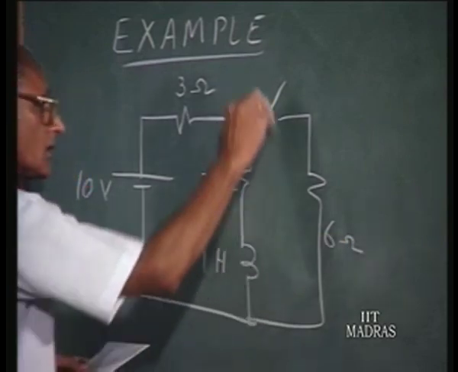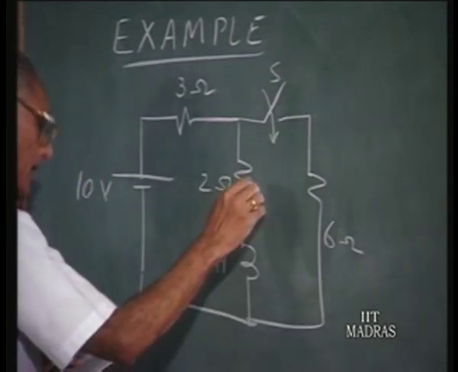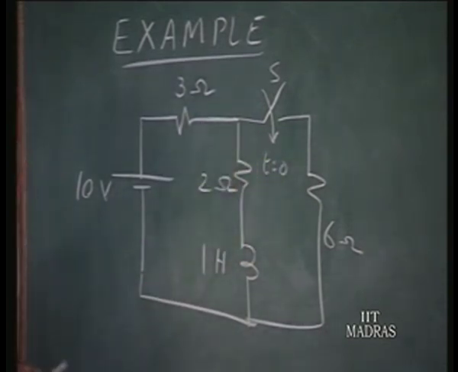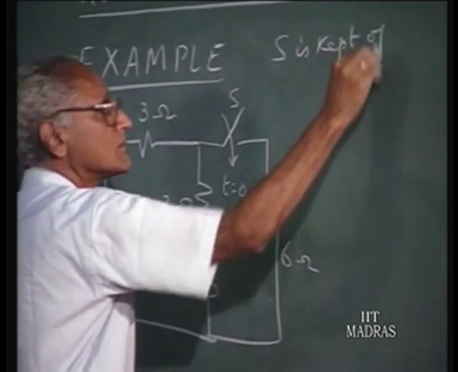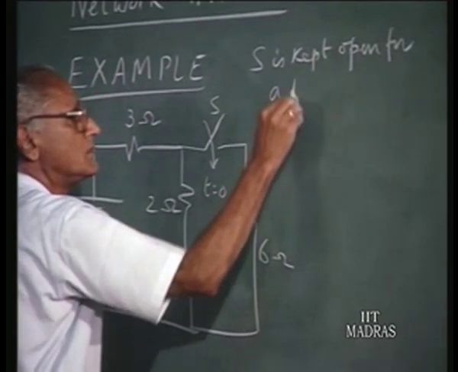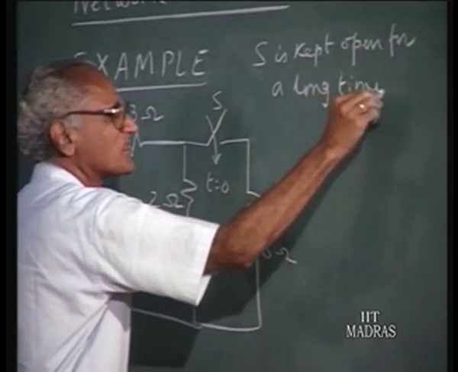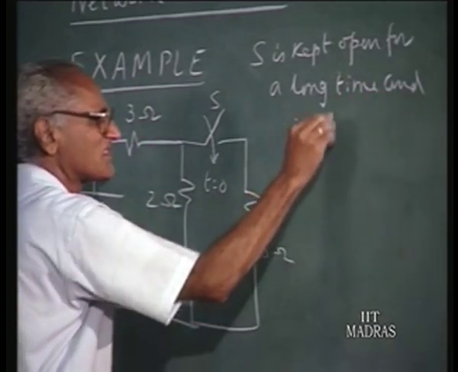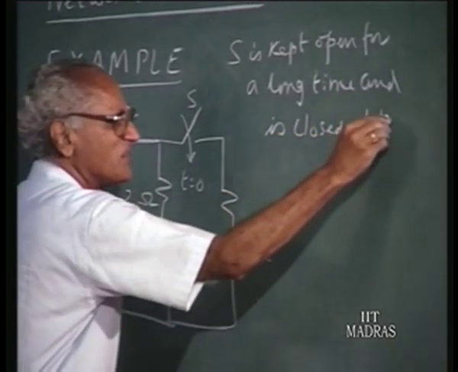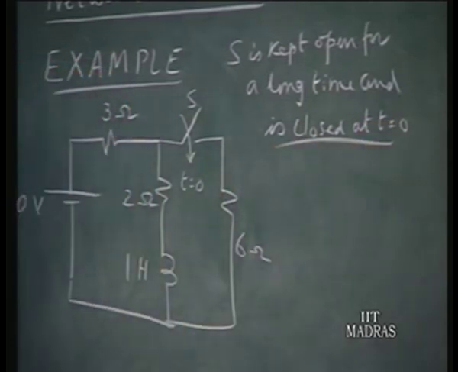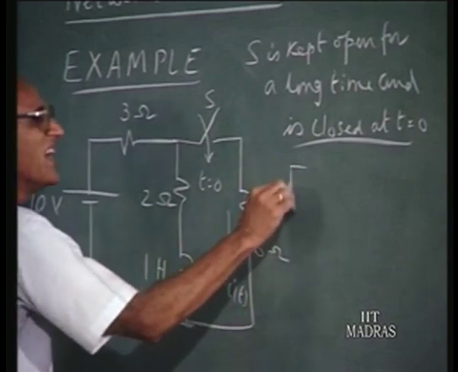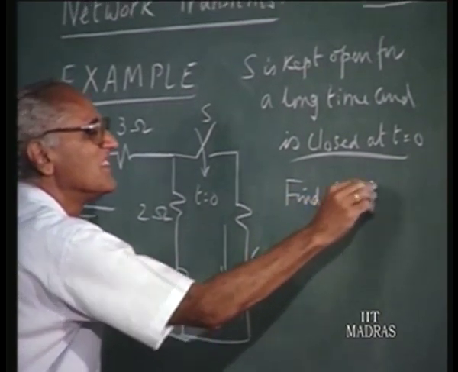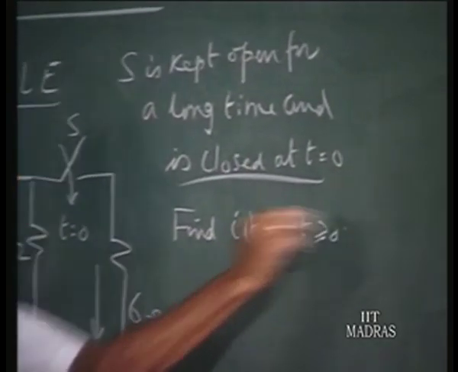This is 6 ohms, and the switch S is kept open for a long time and is closed at t equals 0. So we are asked to find out i of t for t greater than or equal to 0.